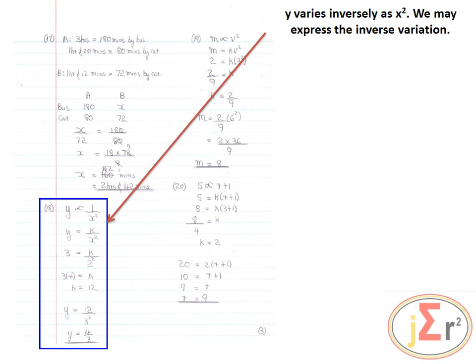Now we have this one. Y varies inversely as x squared. We may express the inverse variation like what we have right there. Y is directly proportional to 1 over x squared, or y is directly proportional to the inverse of x squared, which means that y is inversely proportional to x squared.